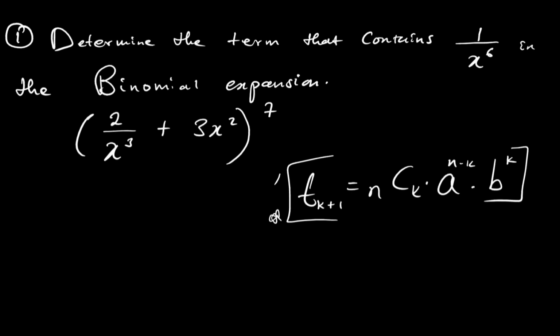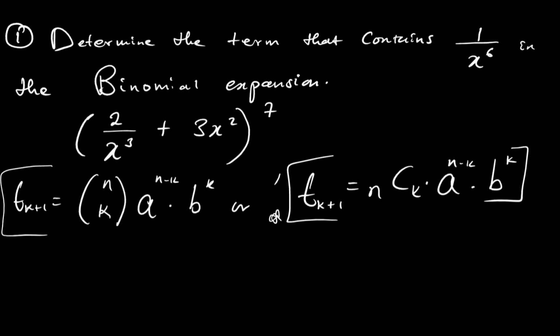So in the term equation, we have some things that might not make sense now, but be mindful that this term equation can as well be written as t sub k plus 1 is equal to n k, then a to the n minus k times b to the k. So we have these two that we can use.